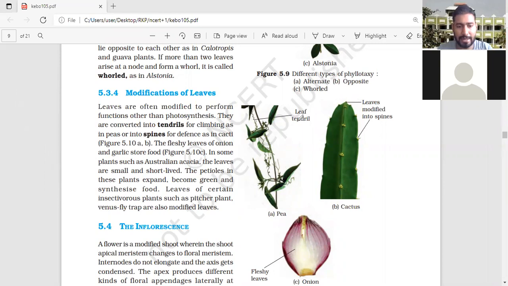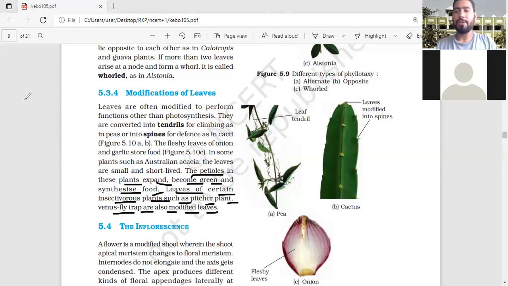So now again I'm reading. The petiole in these plants expands, becomes green, and synthesizes food. Leaves of certain insectivorous plants such as pitcher plant and Venus flytrap are modified leaves. We know very well examples of insectivorous plants. There are two examples. The first one is the pitcher plant.